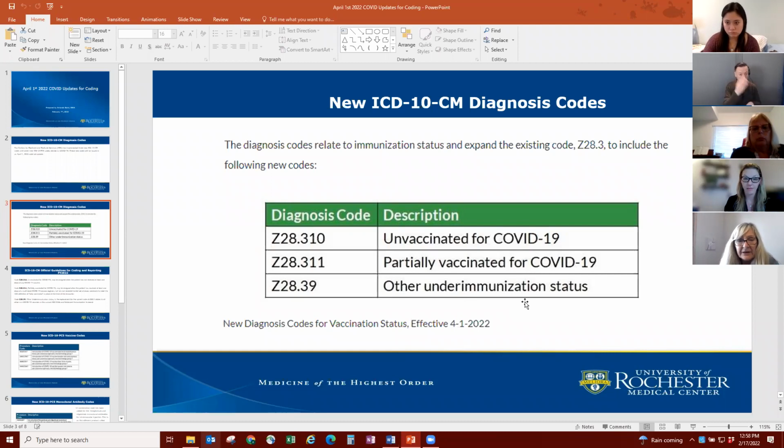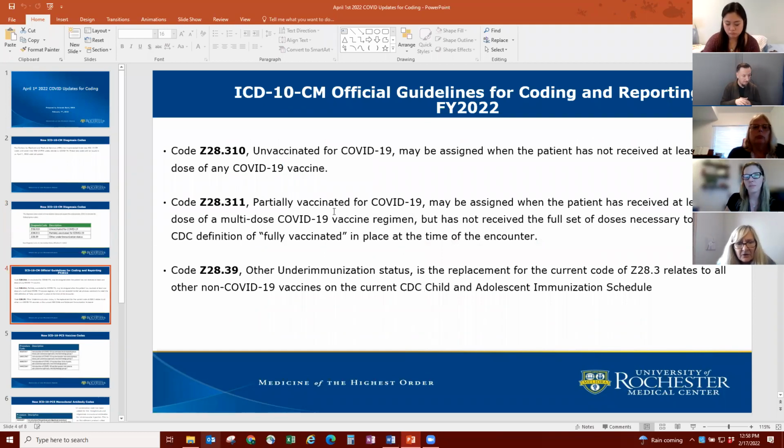I think Amanda's next slide addressed that, maybe not. Yeah, so if they're partially vaccinated. So Z28.39 actually replaced Z28.3.